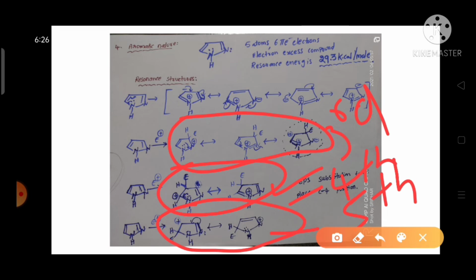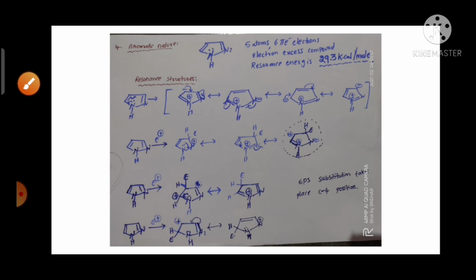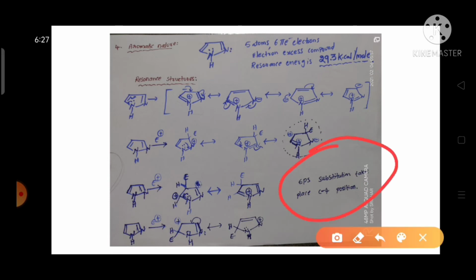Nitrogen is more electronegative, so it is not ready, or it is not possible, to bear a positive charge on the nitrogen atom. So we can say that the fourth position is more convenient for electrophilic substitution reactions. In electrophilic substitution reactions, the electrophile will be substituted at the fourth position.